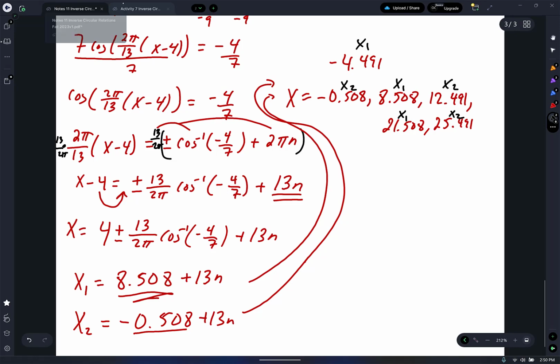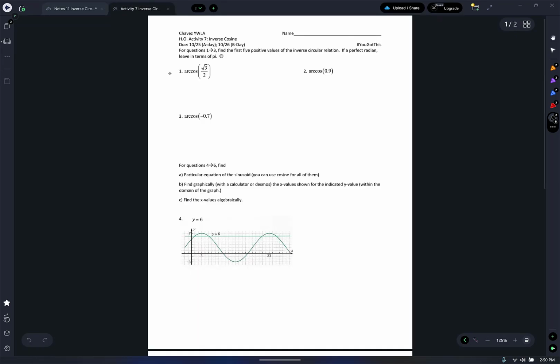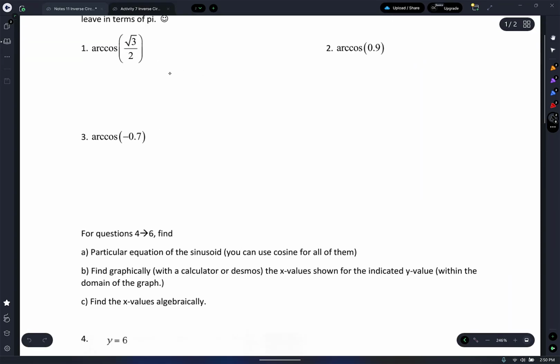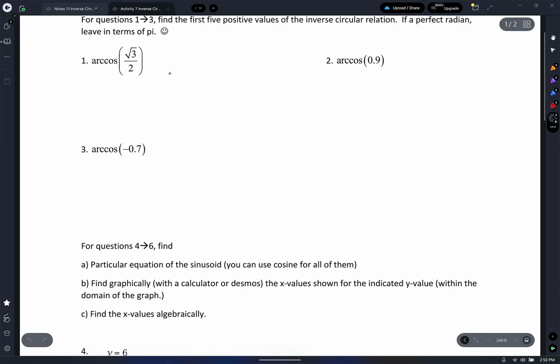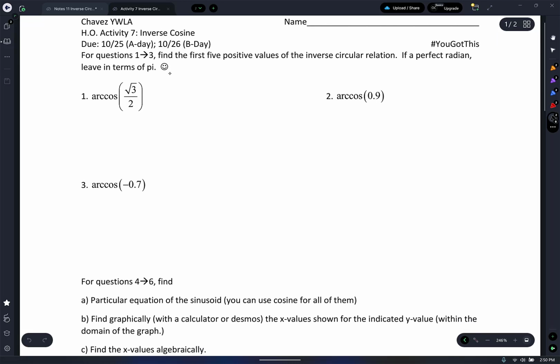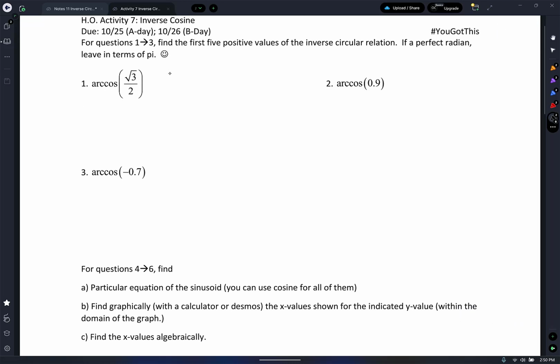Okay, let's go to the activity. We're going to do 2 of them for you. You know what? We'll do 3 of them. All right. I'm going to start with number 1. I'm going to go slow.